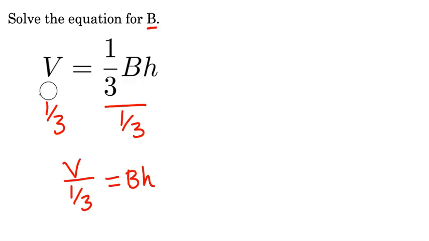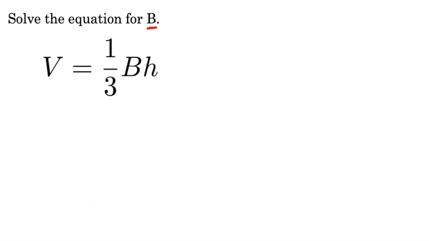Maybe there's a different way to move the 1/3 to the other side of the equation that would prevent that from happening. And instead of dividing by 1/3, we can multiply both sides of the equation by 3. The 1/3 and the 3 would simplify.